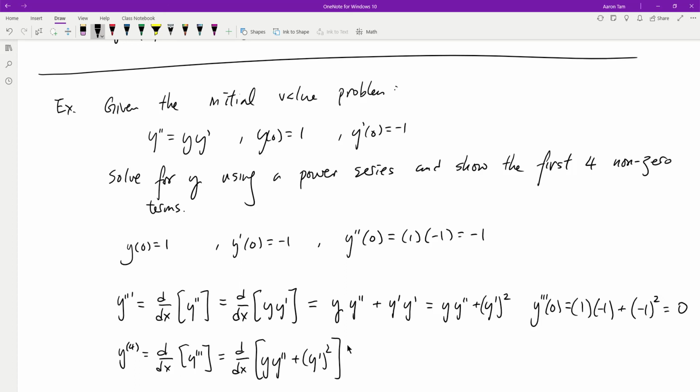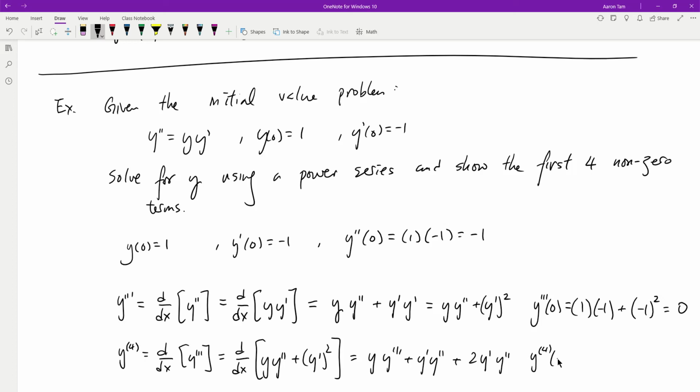Okay, so let's go ahead and take the derivative of this thing. So that would be, once again, the product rule: y times y triple prime plus y prime times y double prime, plus the derivative of y prime squared, which would be 2y prime times the derivative of y prime, which is y double prime. So notice that just required me to know y triple prime, y double prime, y prime, and y, which I know all those values, so I'm going to evaluate.